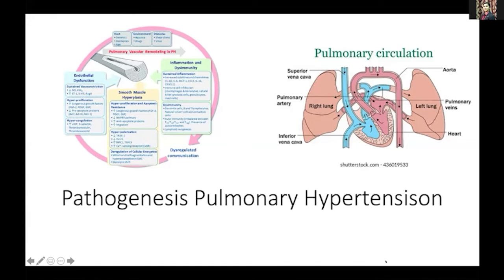This blockage can occur in many ways. You can have blockage in the pulmonary arteries by virtue of atherosclerosis. You can have blockage because of clots in the lung, and also you can have problems inside the heart itself, such as congenital heart disease, and whatnot, which lead to pulmonary hypertension.